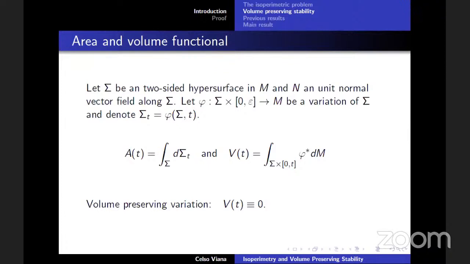And then if you look at the volume between the surface sigma and the surface sigma t, so it's a signed volume, right? And if that signed volume is identically zero, that means that our perturbation is keeping the enclosed volume constant, okay? So that's the main type of variations that we're going to consider here, okay?